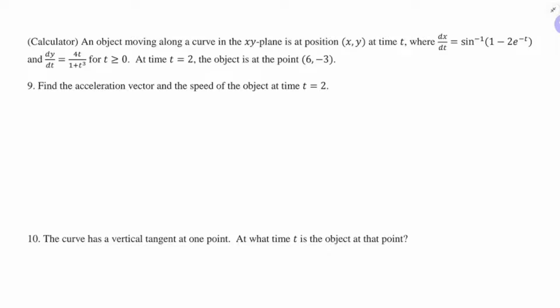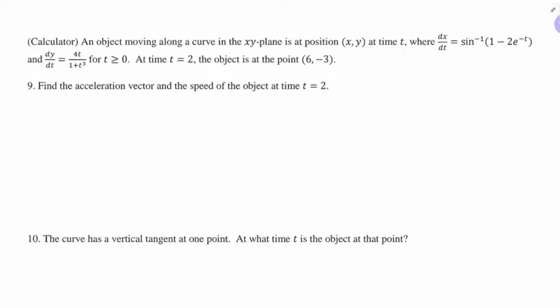Find the acceleration vector and the speed of the object at t equals 2. I don't see us needing it right there, so I'm just going to leave that. Although the vertical tangent, maybe let me think about that. Oh yeah, where dx dt equals 0, so that'll be a good thing for us to have eventually.